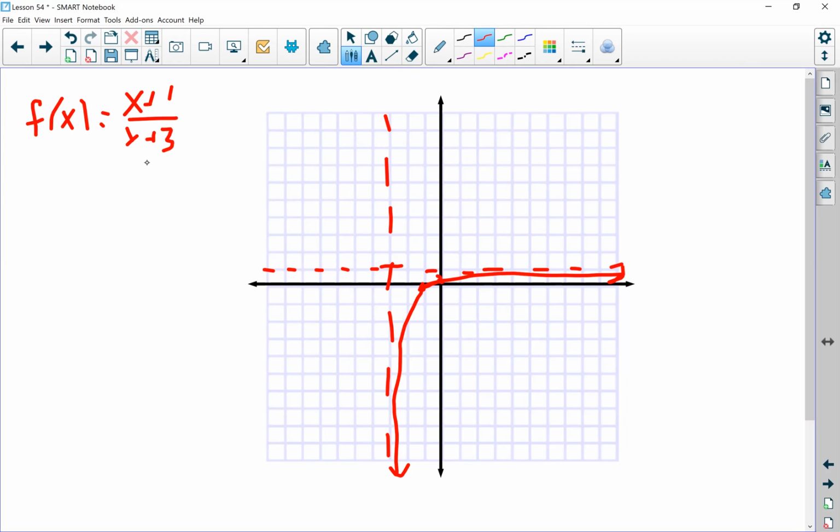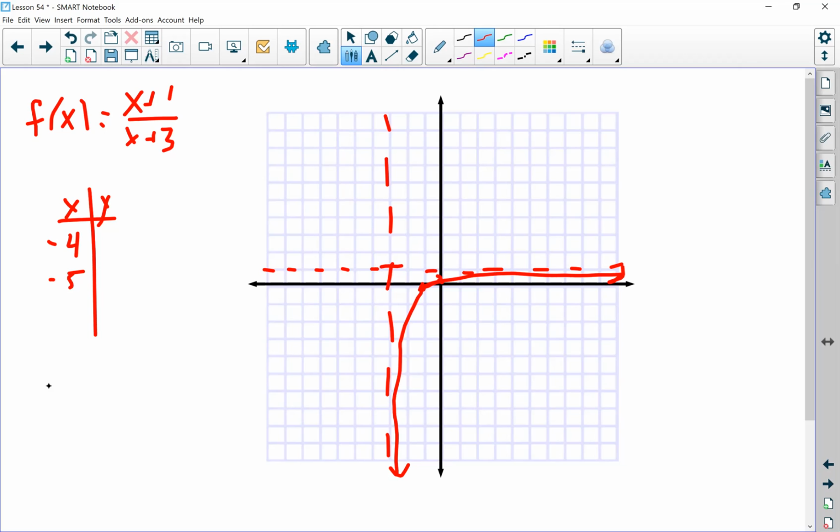And so I probably want to try to find a couple other values on the left-hand side of that vertical asymptote. So I'm going to check a couple of values, maybe -4 and -5.